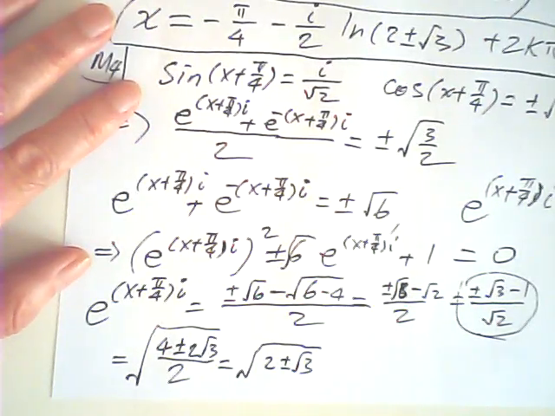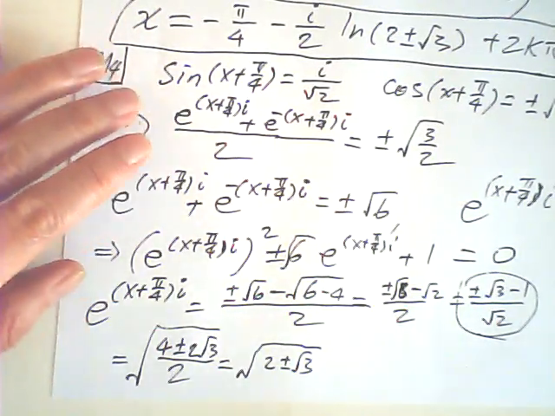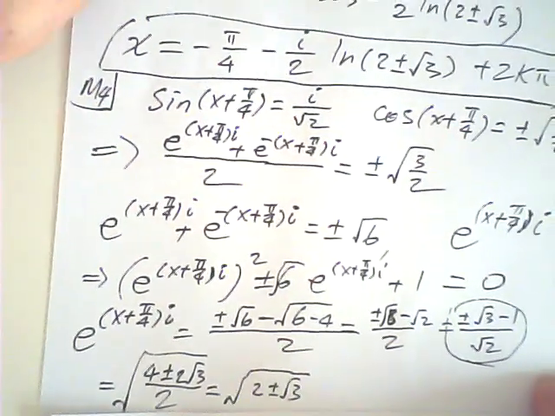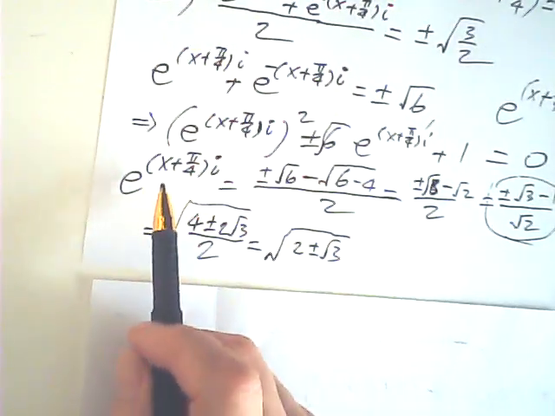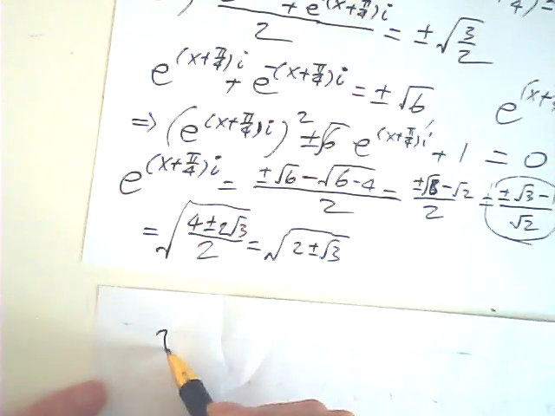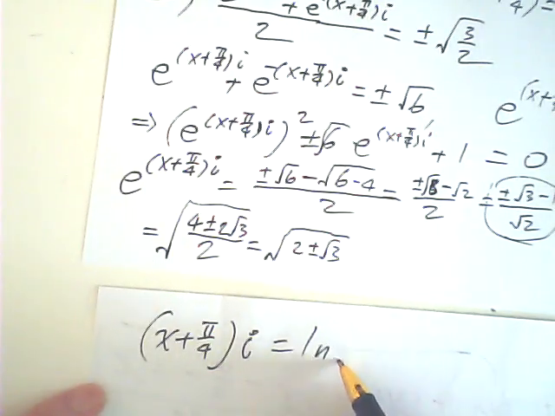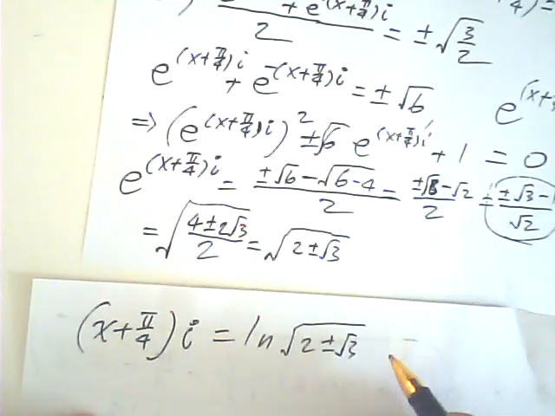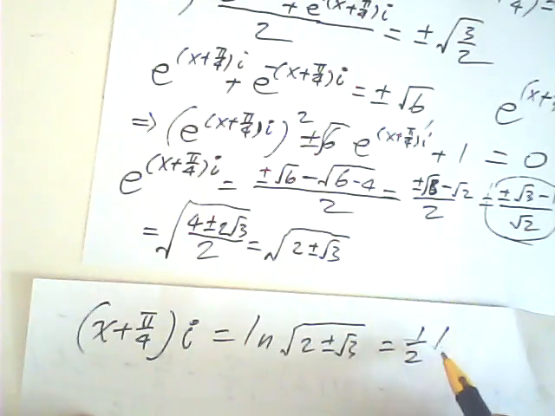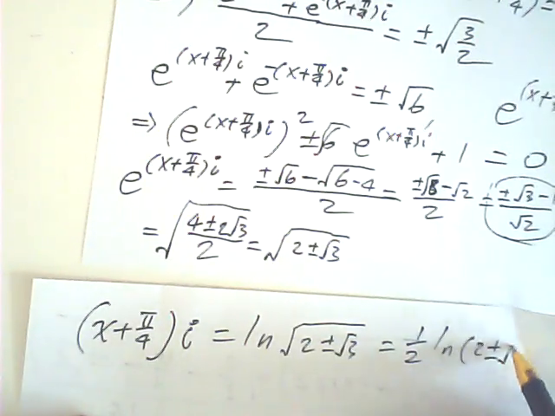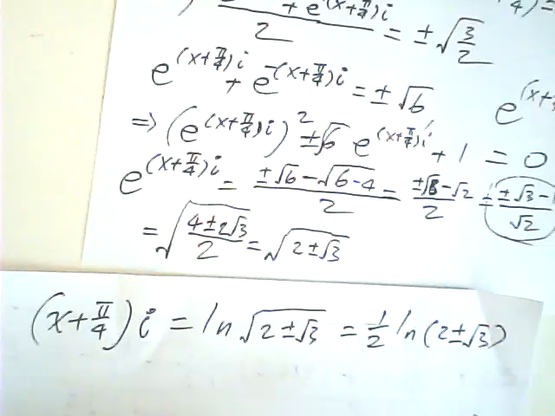Now, then, while it's almost finished, let's see if I can find this one. So x plus this is equal to log, which is equal to half log of 2 plus or minus root 3. Now this way is good because both cases are defined for log. Okay?